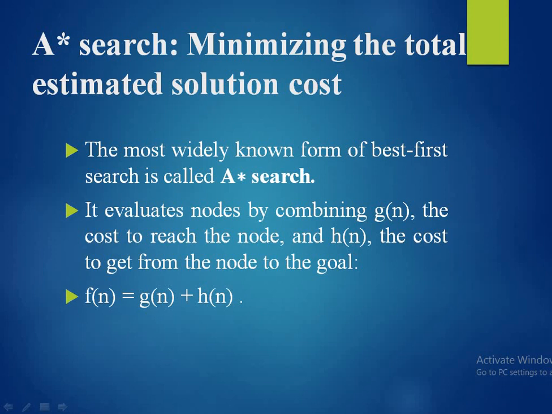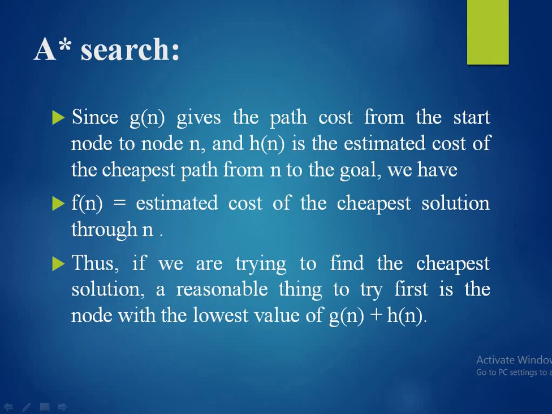So f of n can be stated as g of n plus h of n, since g of n gives the path cost from the start node to node n and h of n is the estimated cost of the cheapest path from n to the goal. We have f of n, the combination of these two, as the estimated cost of the cheapest solution through n.